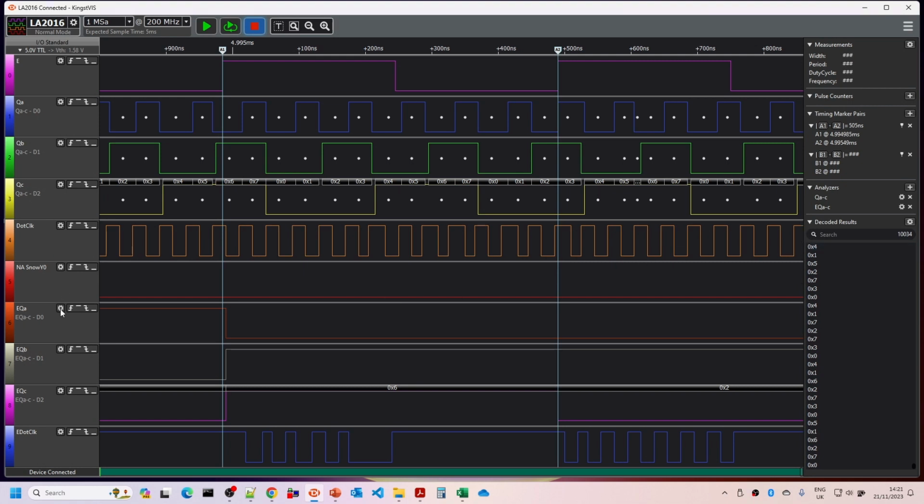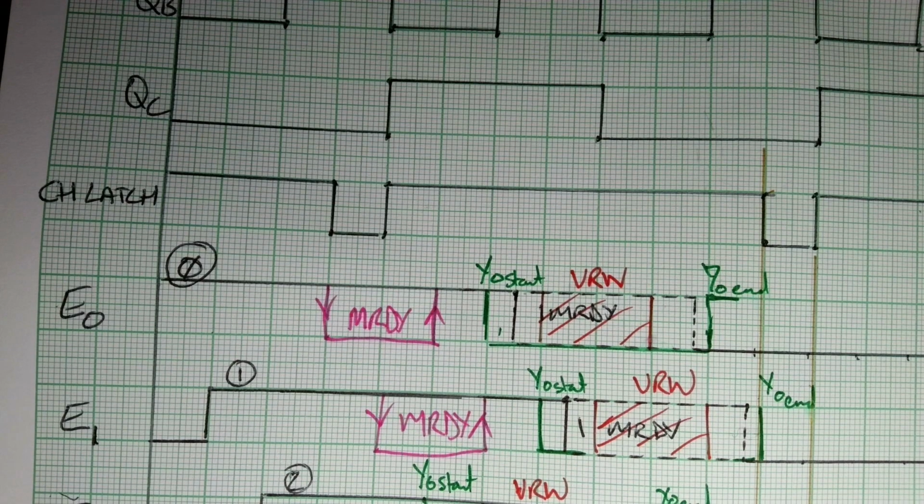The output here of EQA, QB and QC is what's going to be fed into the other PLD device, and that's how it's going to know what was the starting dot clock cycle when the E signal went high. If you remember the charts that we had previously, we'll just show one of those.